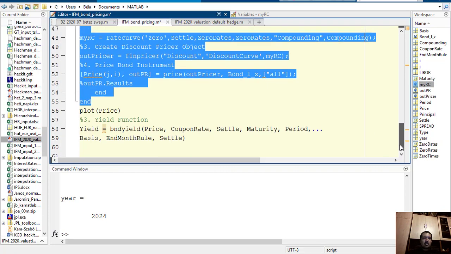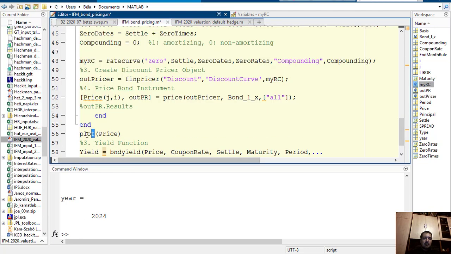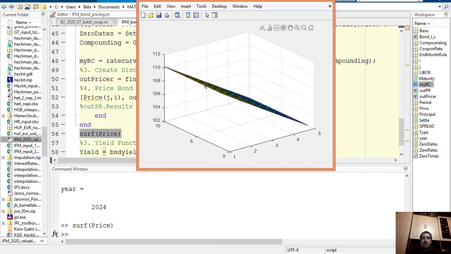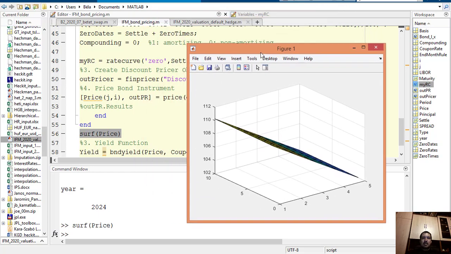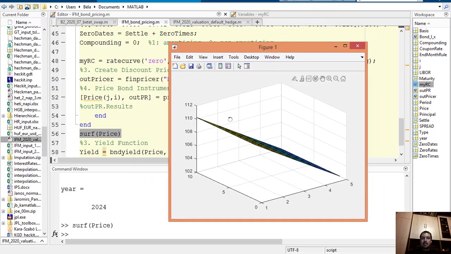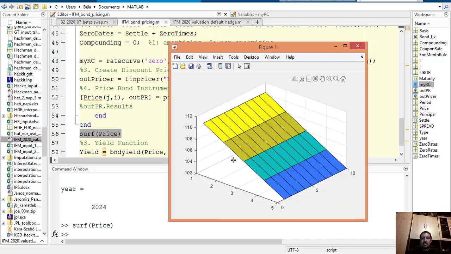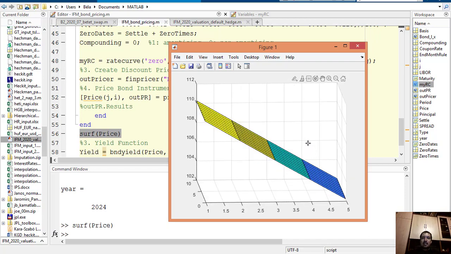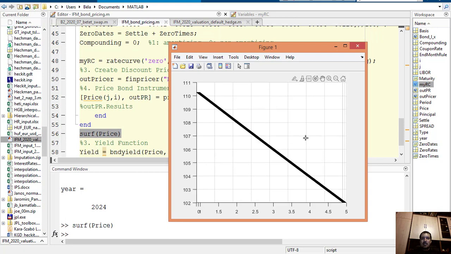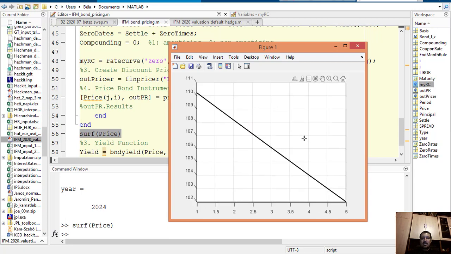Yep. And now it's a surface because it has 2 dimensions. Now let's see this beauty. Okay, let's turn this around. So we can see that it's completely linear.